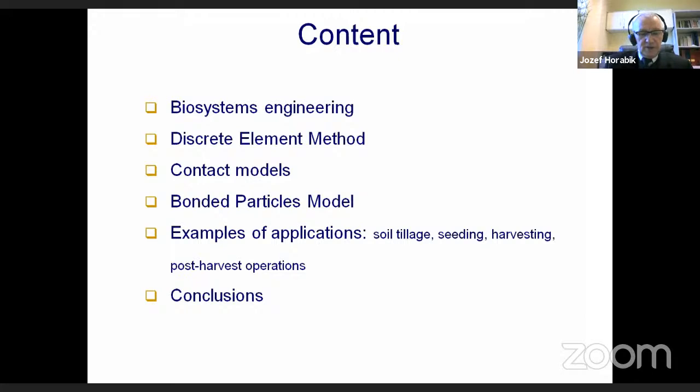The last 2 decades brought new and advanced method of modeling by introducing so-called bounded particle model. The method was introduced by Potyondy and Cundall. The model is based on the beam theory. It means that particles are connected by the beam, which can transmit both force and moment up to limiting value of the tension and bending strengths.